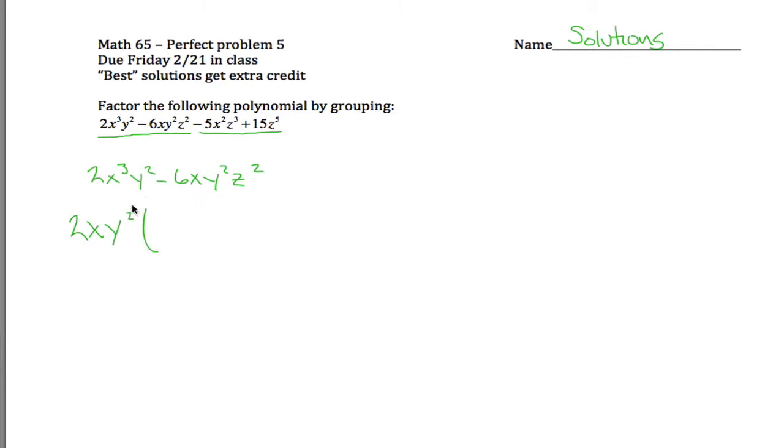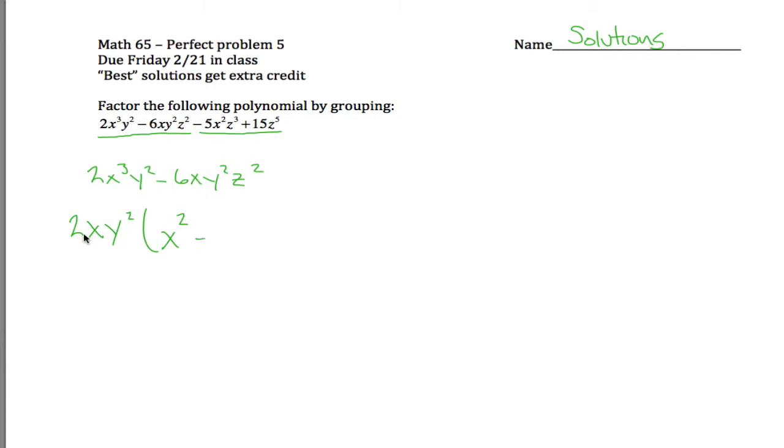And if I pull that out from the first term here, if you divide 2x cubed y squared by 2xy squared, the 2's will cancel, the y squareds will cancel, and x to the third divided by x to the first is x squared. So all I have left from this first term when I factor out 2xy squared is x squared. What about this next term?